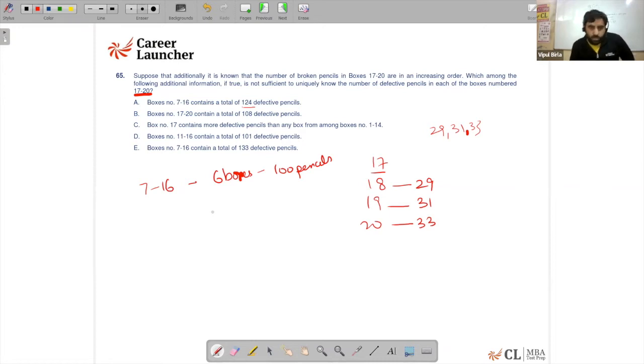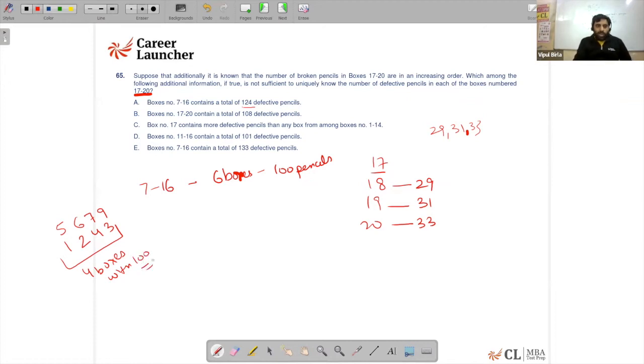Right. If this minimum value is 100, and if I look at the boxes which have 5, 6, 7, and 9 broken pencils, which are 1 in number, 2, 4, and 3. Out of these, there are 4 boxes with 100 pencils.